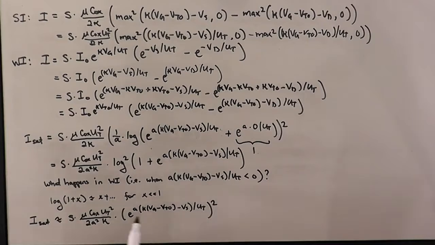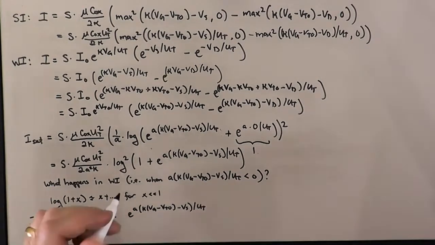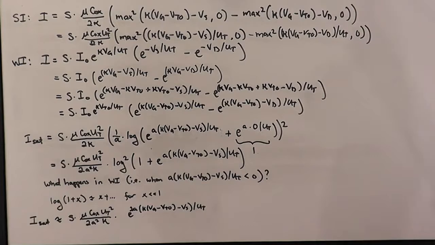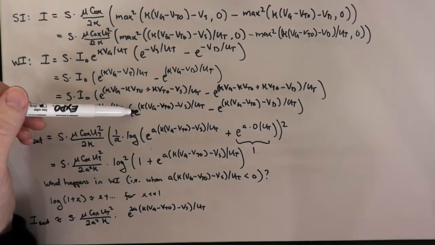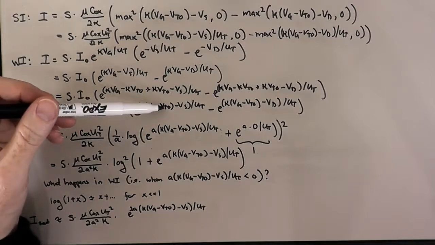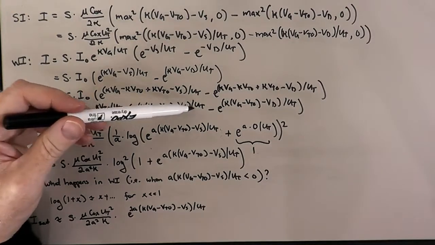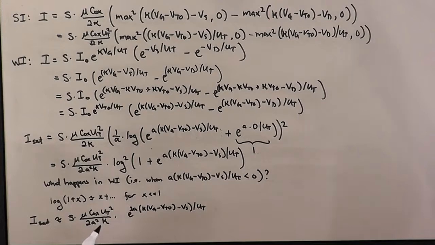So e to the 2a, this stuff, is what we would get. We could drop the parentheses here and put the 2a here. And actually, that is going to be identical to this, e to the kappa Vg minus Vt0 minus Vs over Ut, assuming 2a is equal to 1.